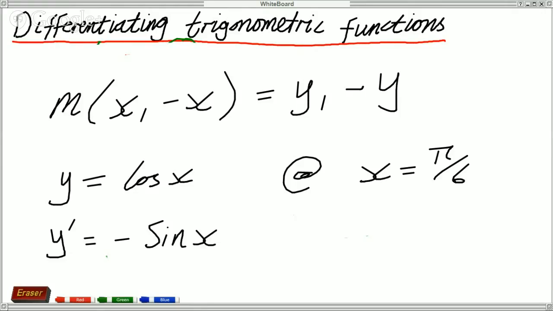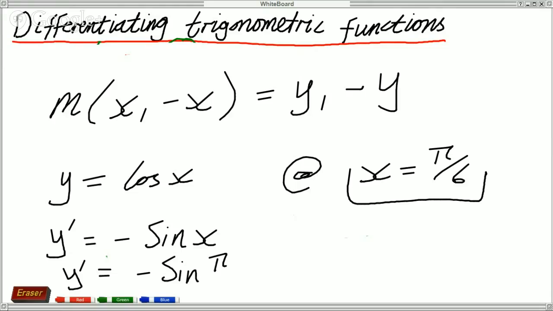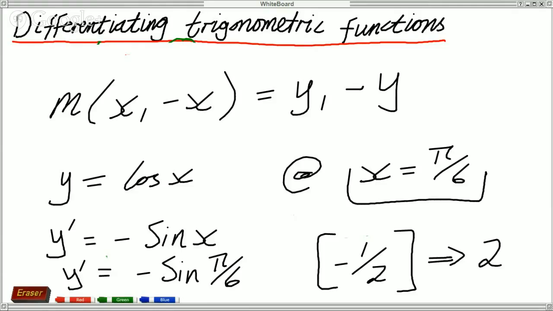And the gradient at this x value, we would substitute it in, and we'd get y dash equals negative sine pi on 6, negative sine 30 degrees if you want, and that would be equivalent to negative a half. So that would be the gradient of the tangent at that point. And if we wanted the gradient of the normal, then we take the negative reciprocal of that. So the gradient of the normal at that point would be 2.